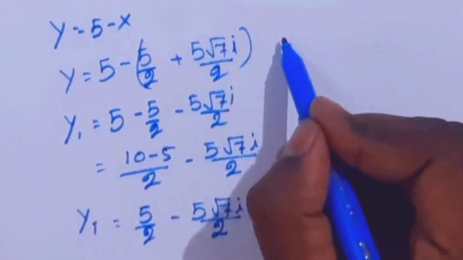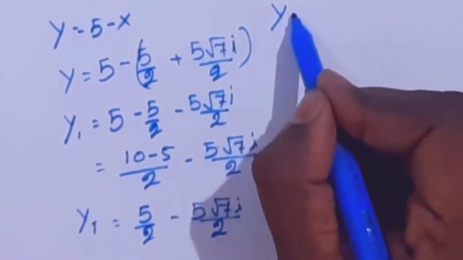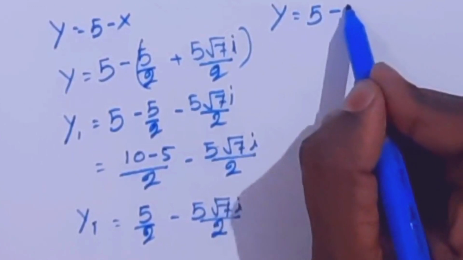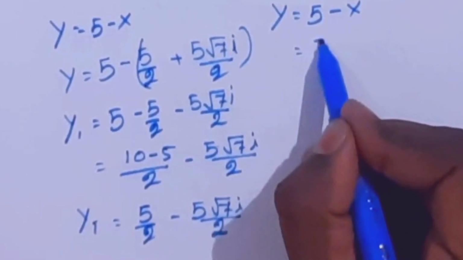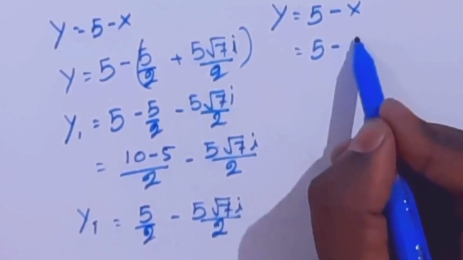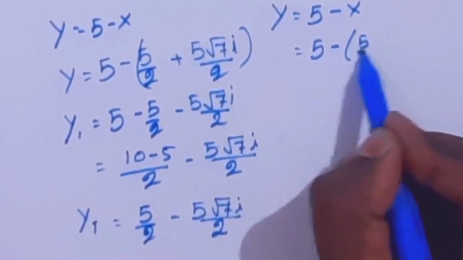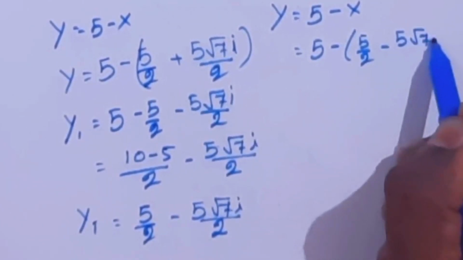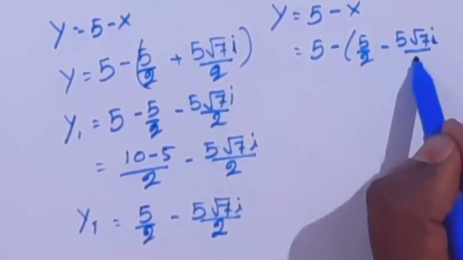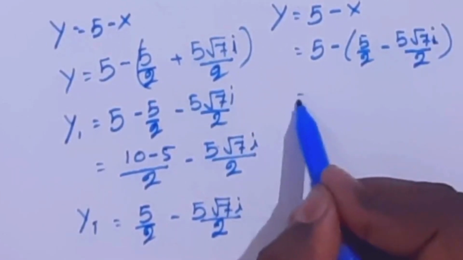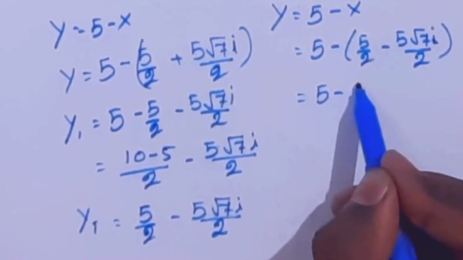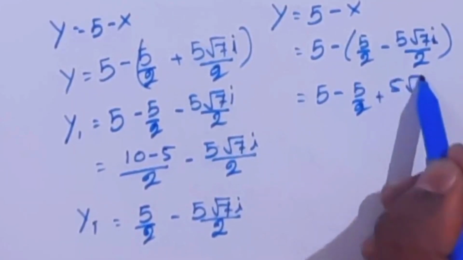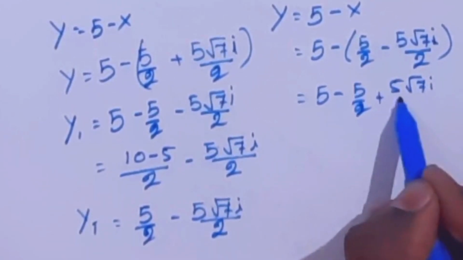This side, y equal to 5 minus x, so 5 minus 5 by 2 plus 5 square root of 7i by 2.